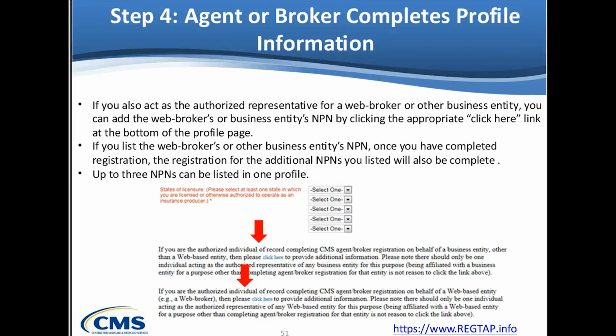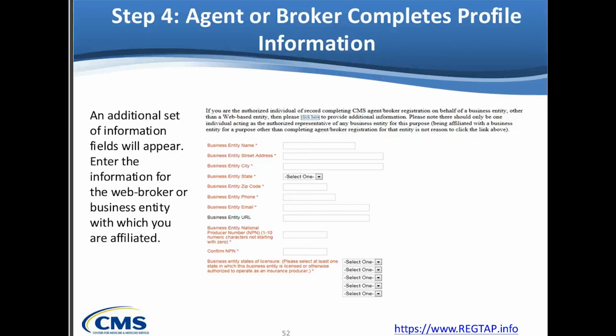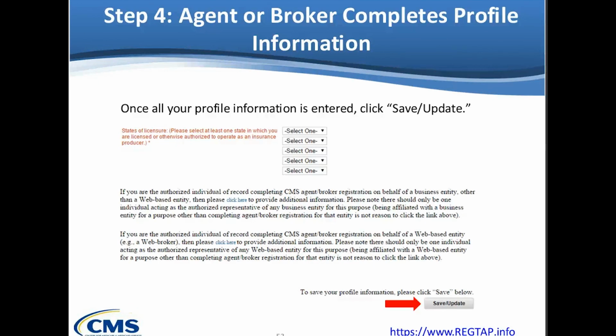If you're going to be acting as an agent, as a person that's just enrolling, then you'll select the particular states. You'll fill out the information as it relates to the rest of your profile, whether it's you or your company. Once all the information has been selected and the states have been selected, you're going to click Save.